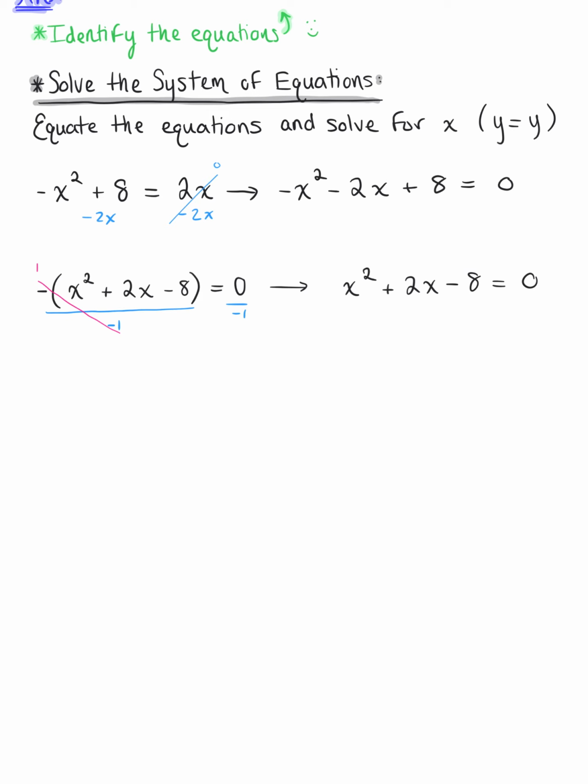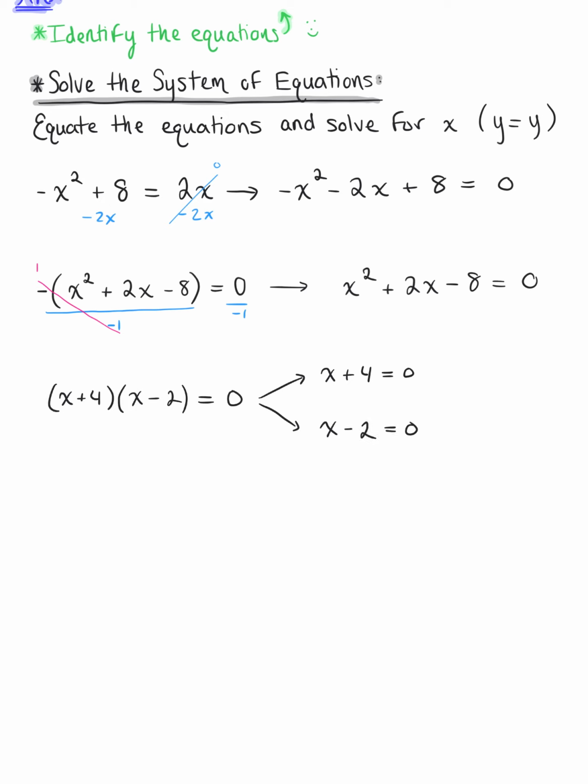So in factoring this, we are left with the binomial product, x plus 4 multiplied by x minus 2, is equal to 0. And so we can think about the zero factor property and solving each one of these binomials separately to find the values of x.